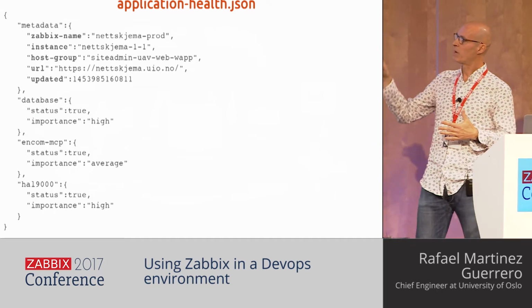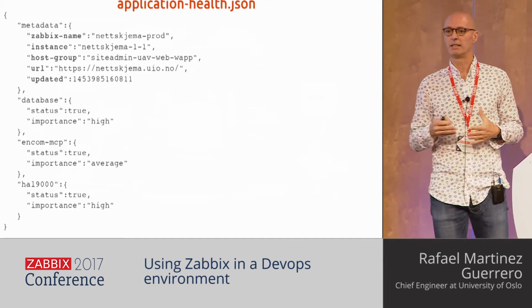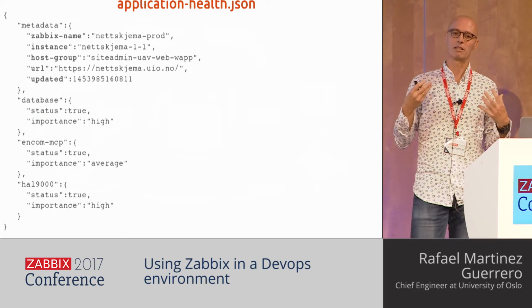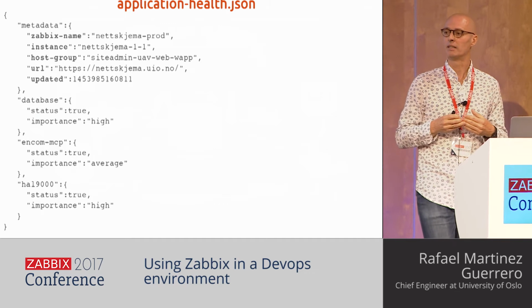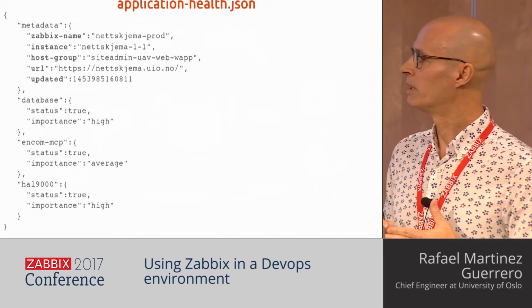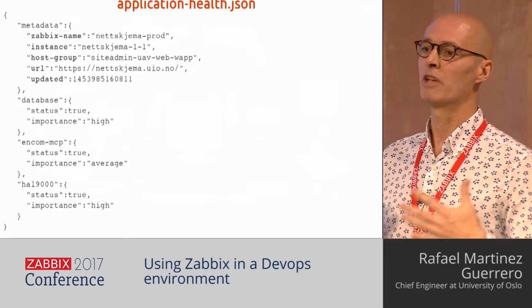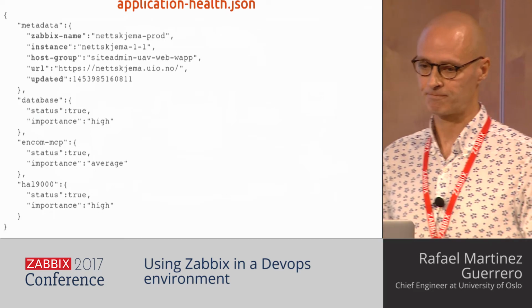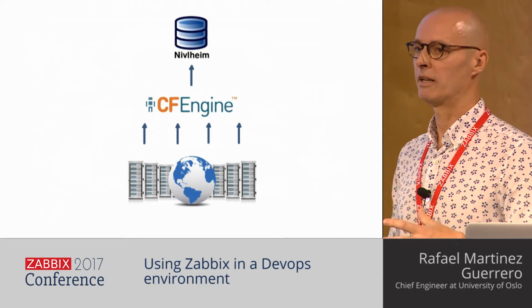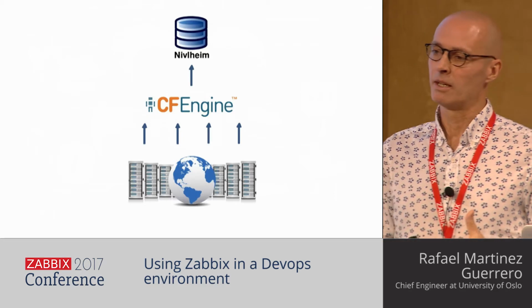And it will have information about all the components needed by the application, if the component is present or not, and what kind of level, the alarm level we are going to use if the component is not working. And this health file was the only thing we needed to start automating the system.